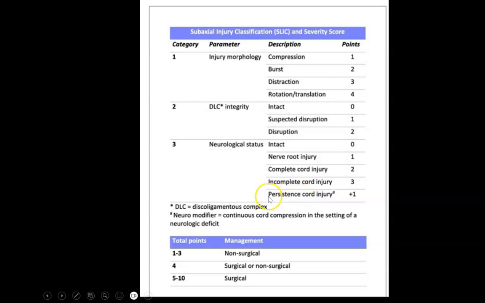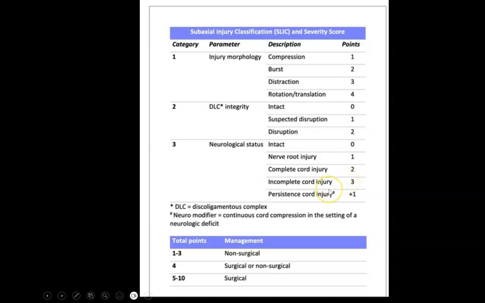And there is, if it is persistent, you add 1 again. So how comes? Complete injury takes 2 because the hope of recovery is not good. But incomplete is more dangerous to interfere. You should interfere to save this cord. So incomplete, it takes 3.